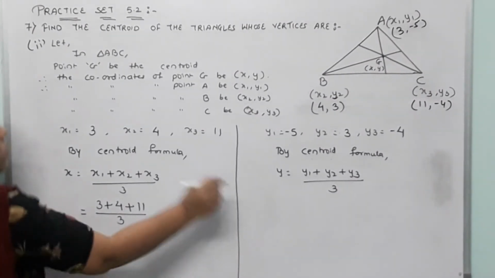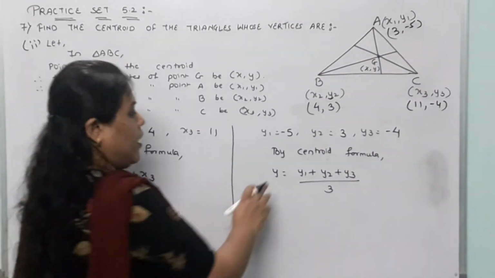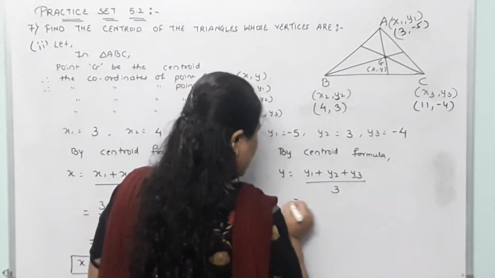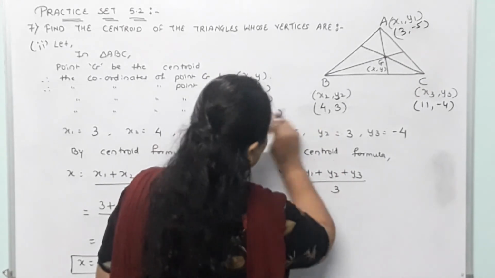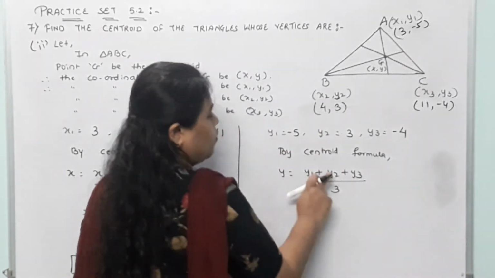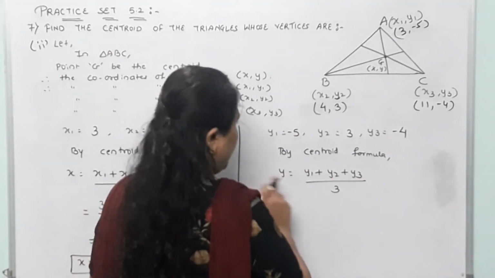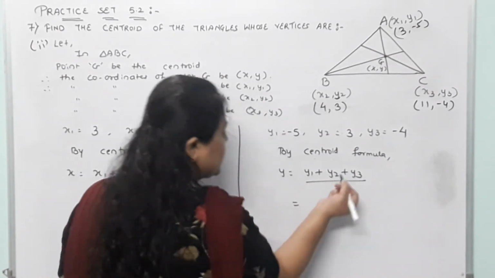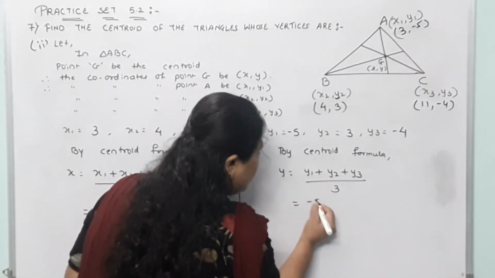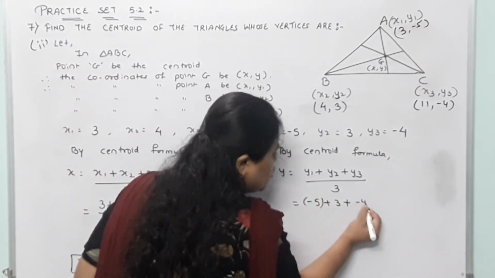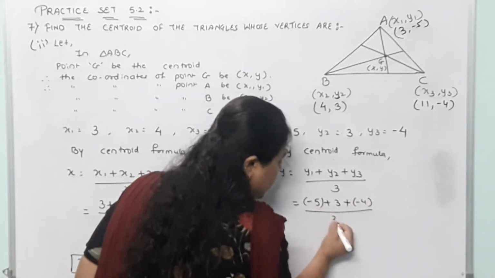Okay. Now see for y. Y equals to y1 plus y2 plus y3 upon 3. So we'll add the values of all the three coordinates, that is minus 5 plus 3 plus minus 4 divided by 3.